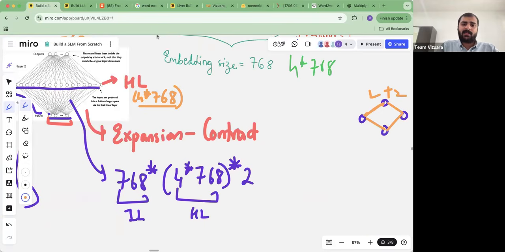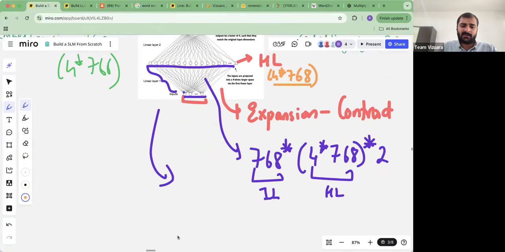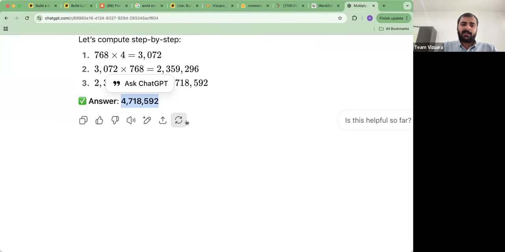In the expansion layer, the number of parameters is 768 multiplied by 4 times 768. And in the contraction layer, it's 768 multiplied by 4 times 768. So I'm assuming the bias term is not here for the sake of simplicity. So forget the bias, just keep into account the weights. So the number of parameters from one such neural network is 4 million.